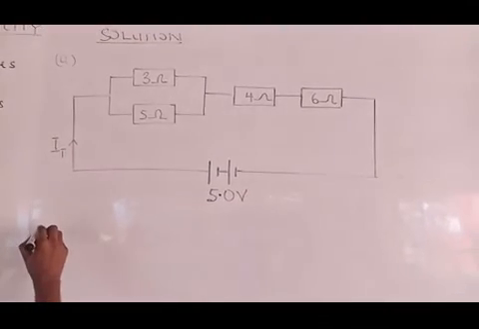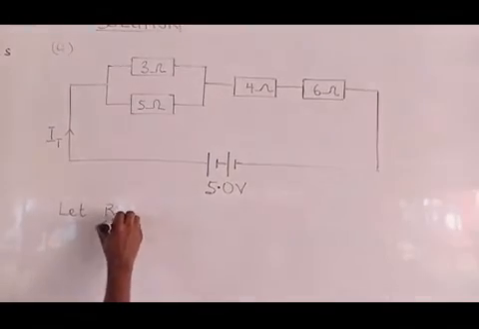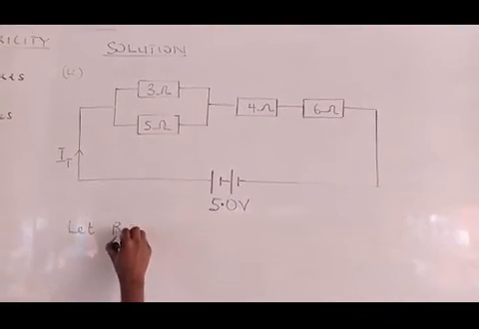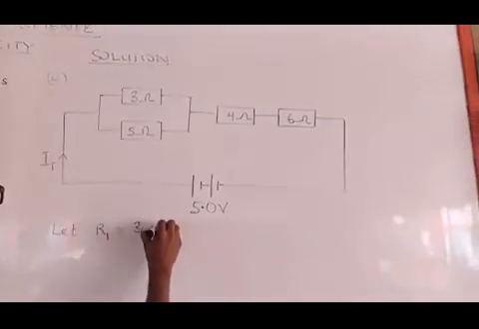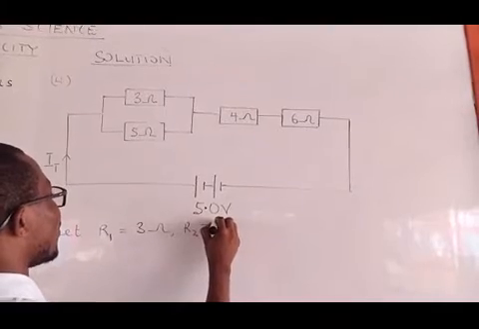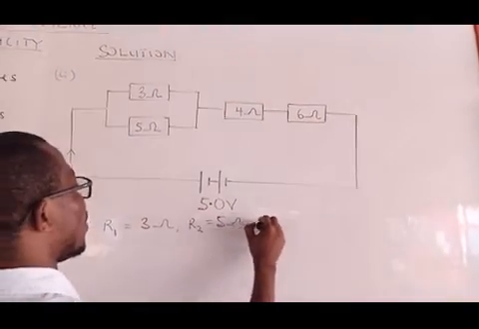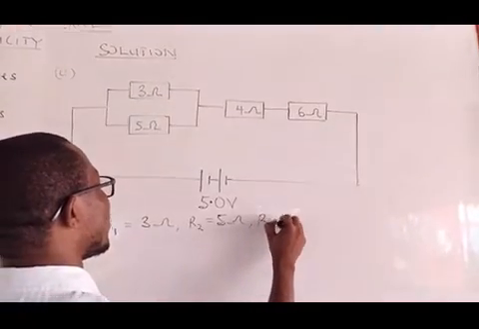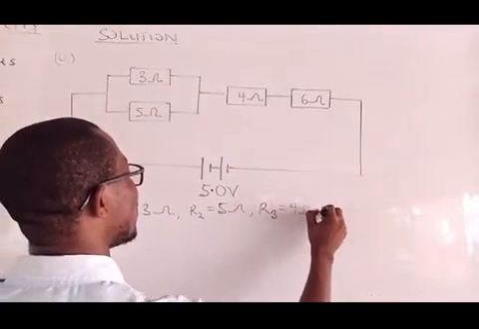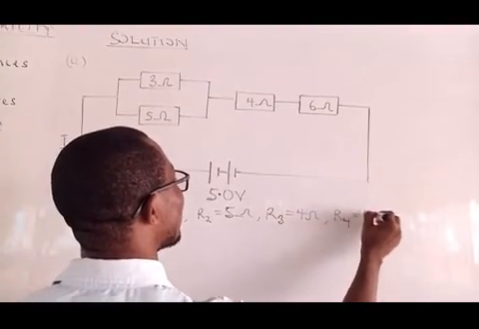So let's say that from here, let R1 equal 3 ohms, R2 equal 5 ohms, R3 equal 4 ohms, and then R4 is equal to 6 ohms.